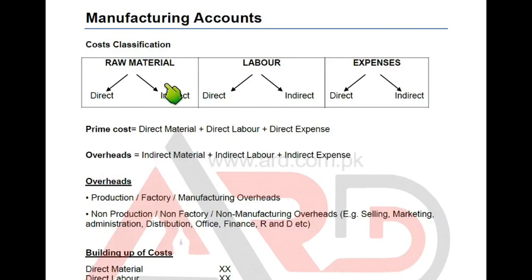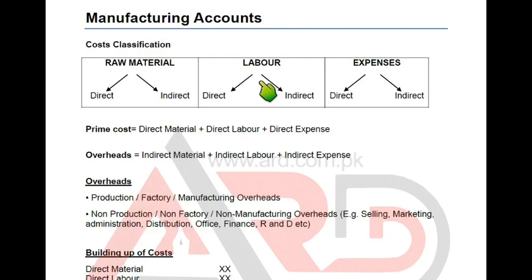See, there are three basic elements of cost, such as raw material, labor, and expenses. If we walk into a factory where some products are made, maybe garments or textiles, such as a shirt or jeans, there are three elements. First of all, there is the fabric, which is known as raw material.